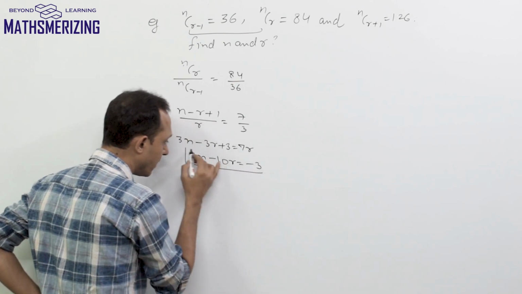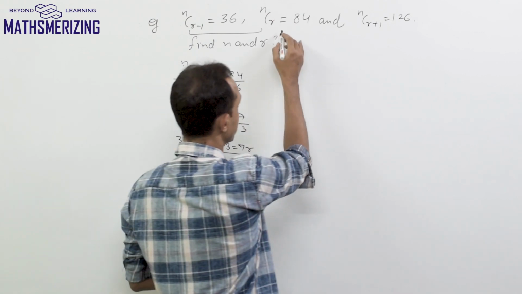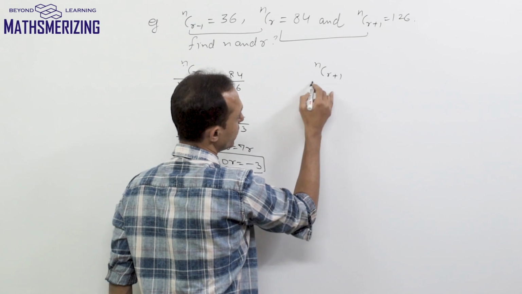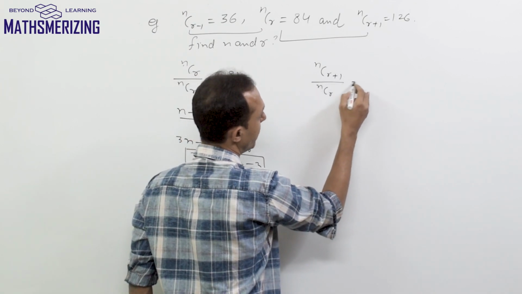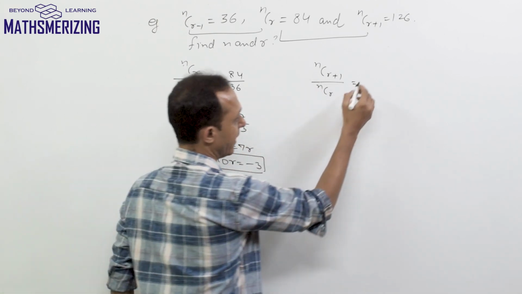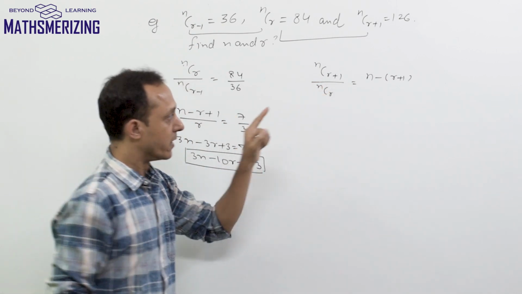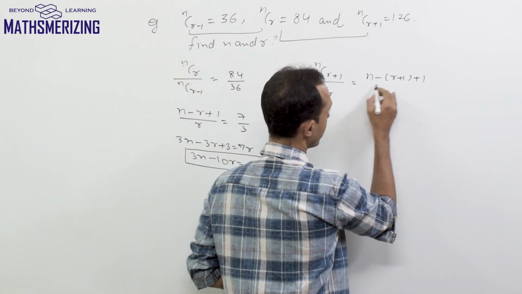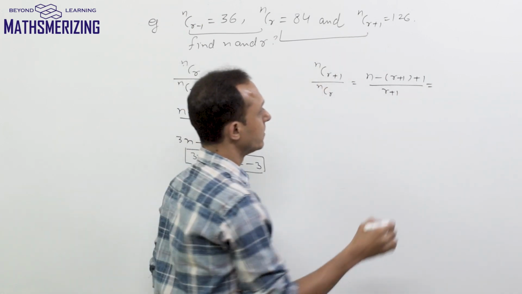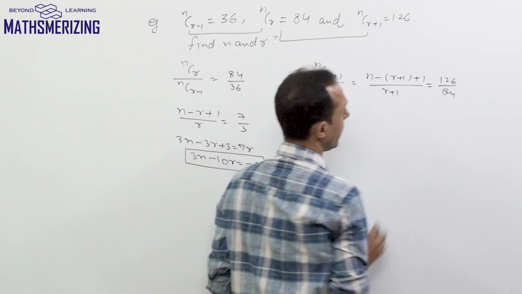So I'll get a linear equation in n and r. Now I'll take the second and third expressions. I can write it as nCr plus 1 upon nCr. So here again n is the same and r differs by 1. So it will be n minus r upon r plus 1, and this value is equal to 126 by 84.